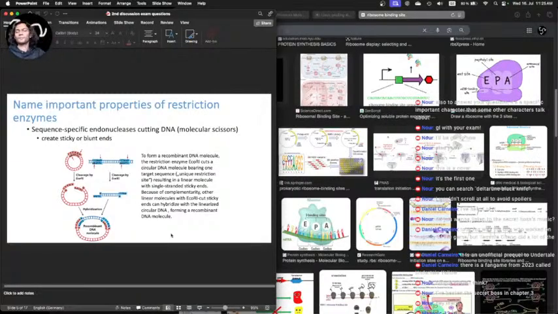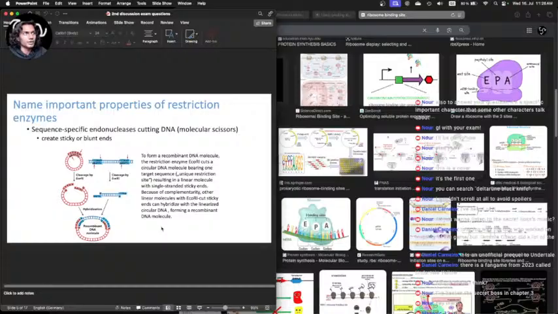So what do we learn here? Circular DNA forming a recombinant DNA molecule. To form a recombinant DNA molecule, the restriction enzyme EcoR1 cuts a circular DNA molecule bearing one target sequence, resulting in a linear molecule with single-stranded sticky ends.